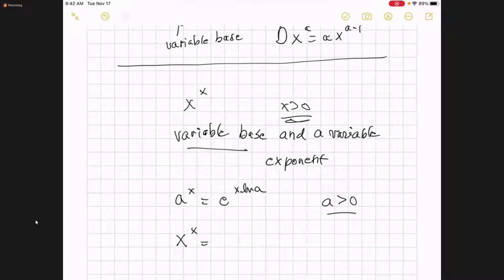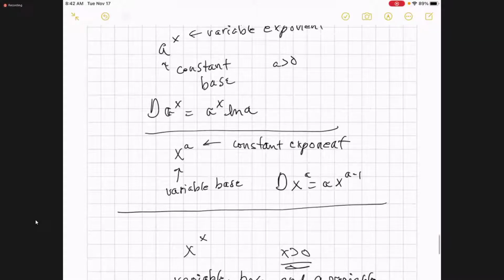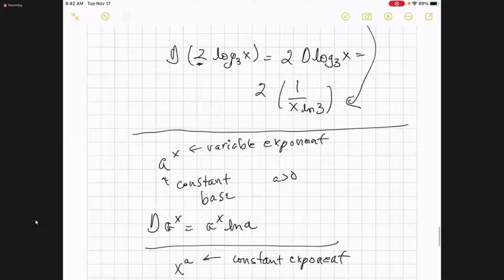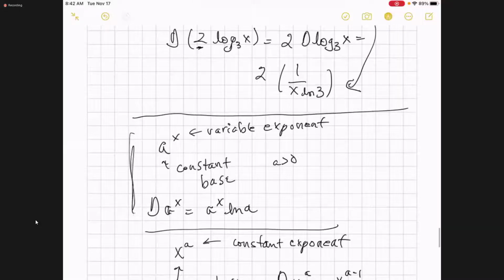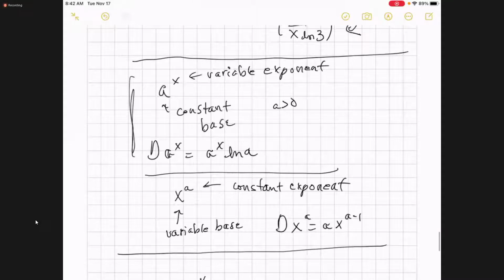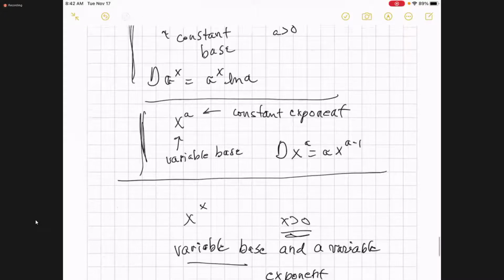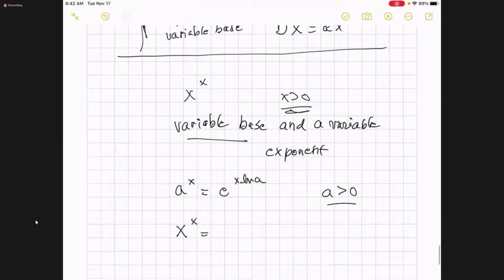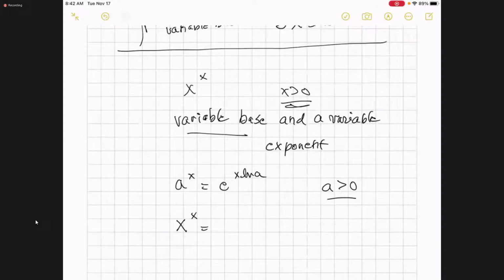We're going to take the derivative of this in a minute, but we have learned how to handle these functions as far as differentiation goes. If you have both a variable base and a variable exponent, I can use this definition to write x to the x as e to the x ln x.